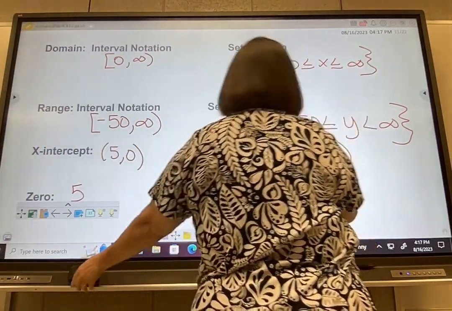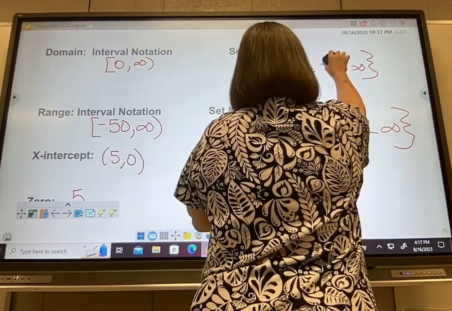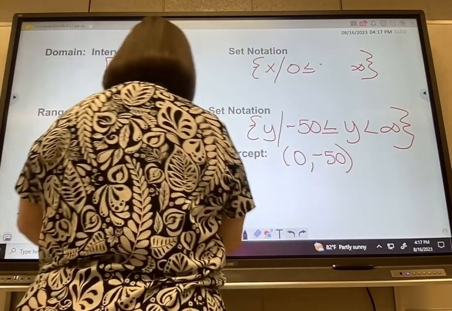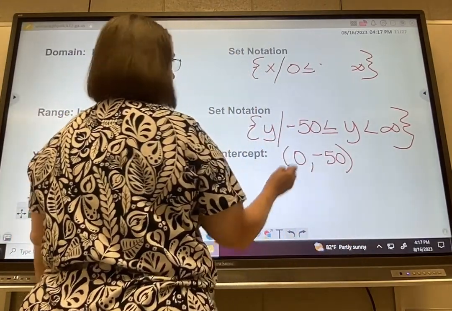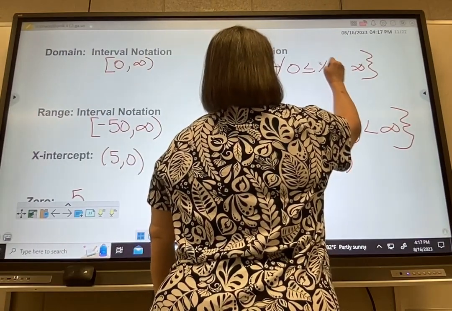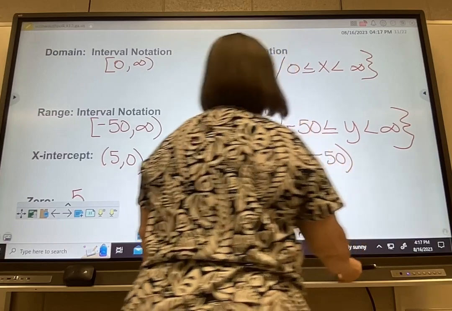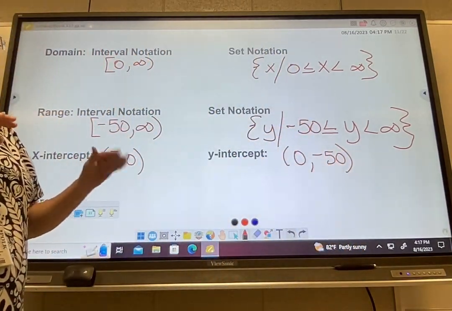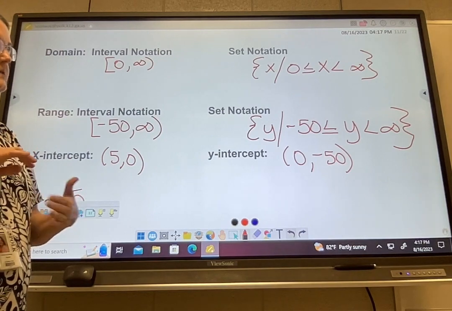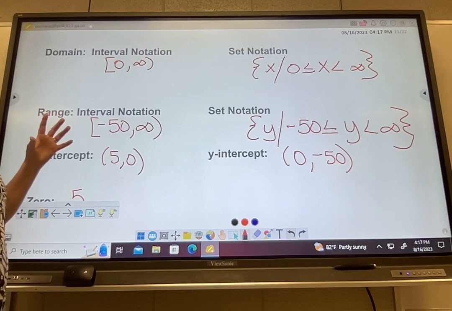Now, the one thing that I do see here is we don't want less than or equal to on infinity. Infinity will just be less than because it doesn't touch it. So that's x less than infinity. We don't ever touch infinity, so it's not going to have an equal to there. It's an open circle, so it would just be less than.